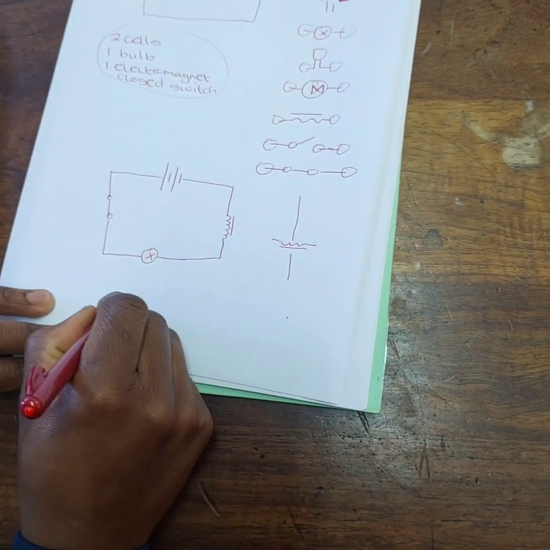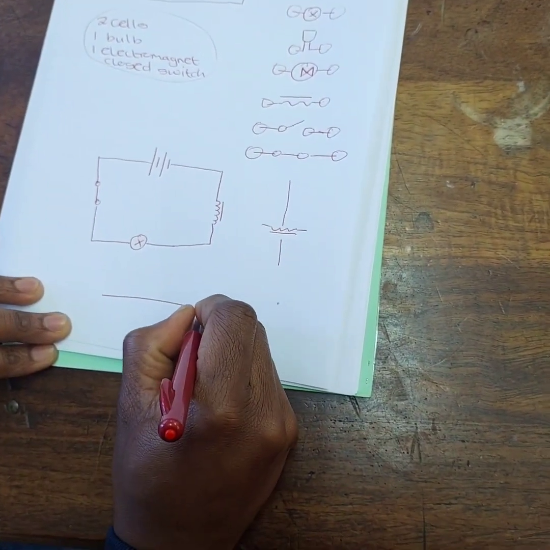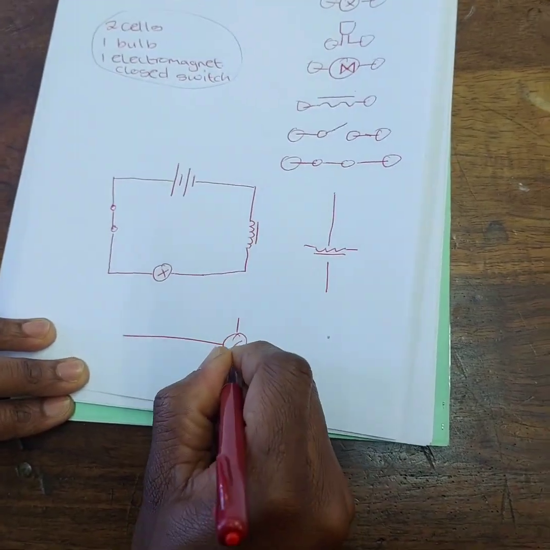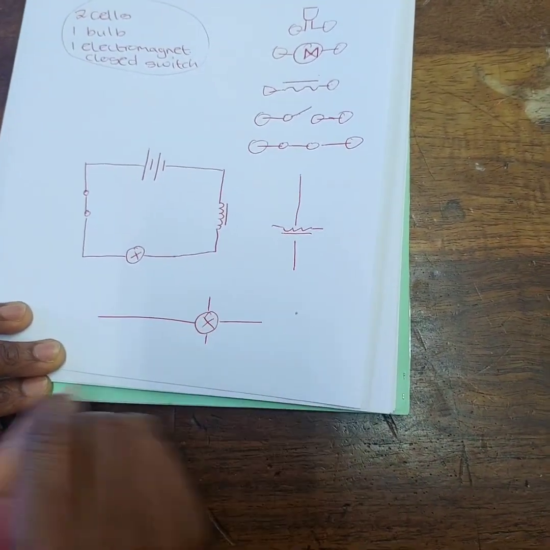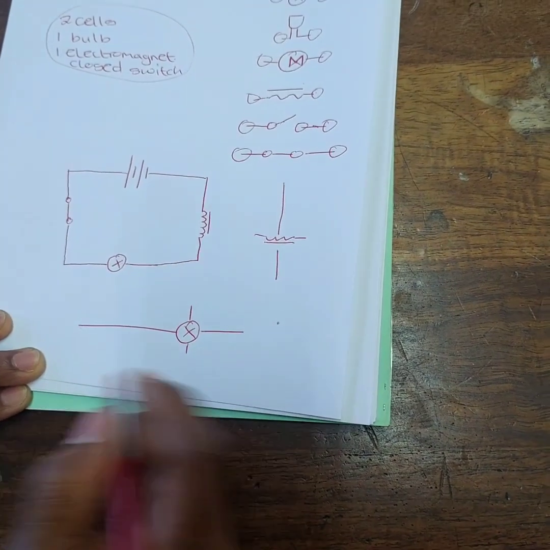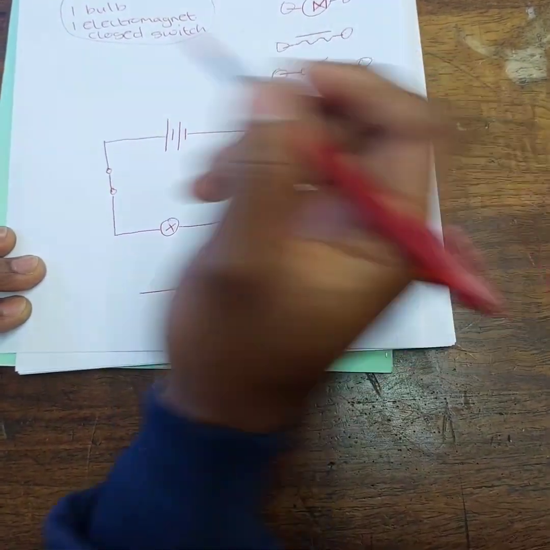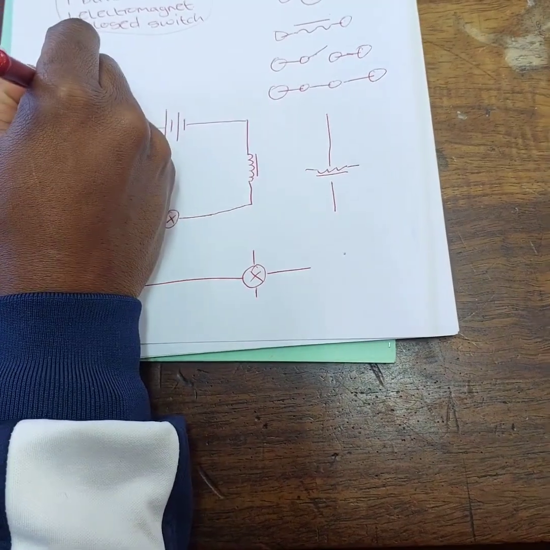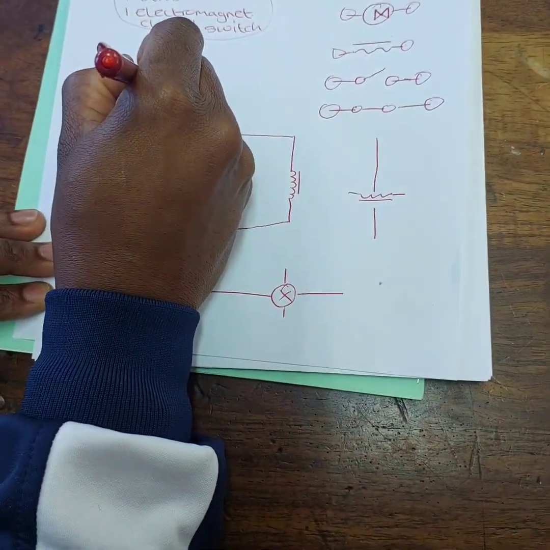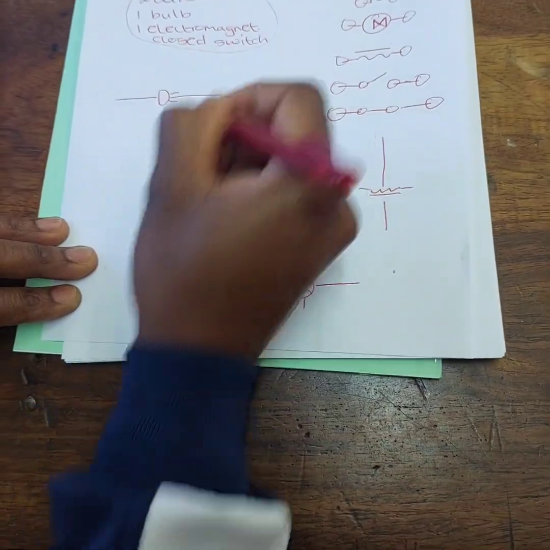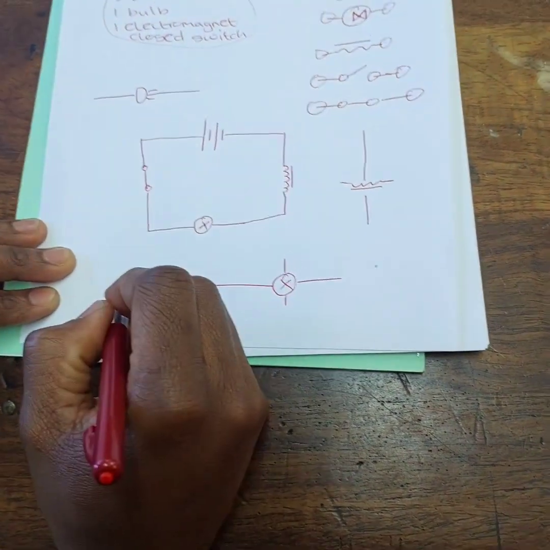And then they will also draw a wire like this, and when it gets to the bulb, they put a bulb like that. That is also not acceptable. And when they put a buzzer, they draw a wire like that, and then they put a buzzer like this. This is also not accepted.